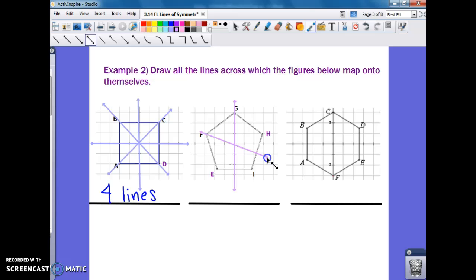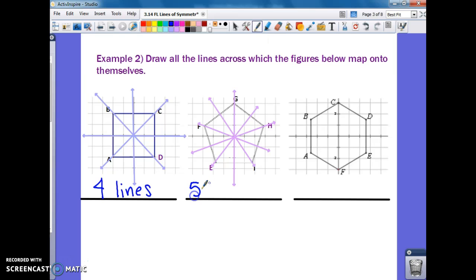So you start at F and do that, then move to E and also do that, and then move to I and also do that, and then move to H and also do that. That gives the pentagon 5 lines of symmetry.